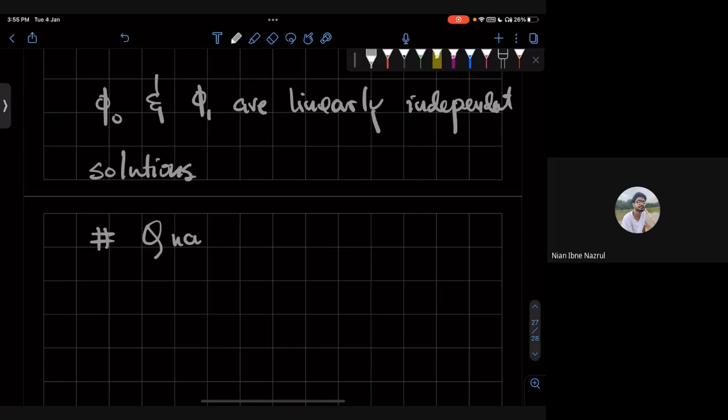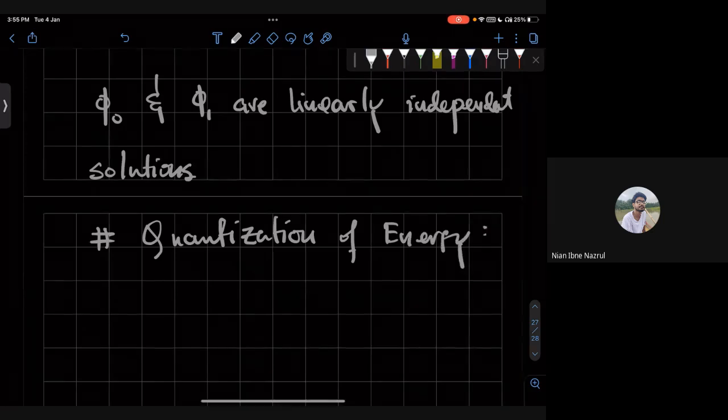We saw that for bound potentials, we usually get quantization of energy. And there are general arguments for that, although I haven't really given you the general argument. But here we will see the same thing.